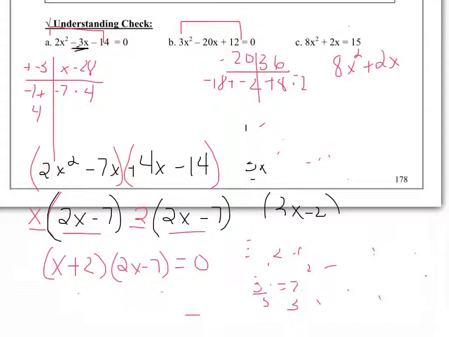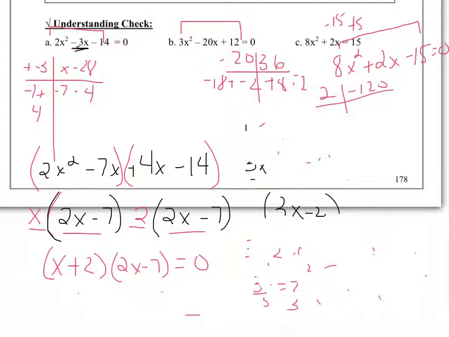I'm going to subtract 15 and bring it over to the left to be 0. Okay, so now it looks like A and B. So now I need two numbers that multiply together to be negative 15 times 8, which is negative 120. And then adding up to 2.